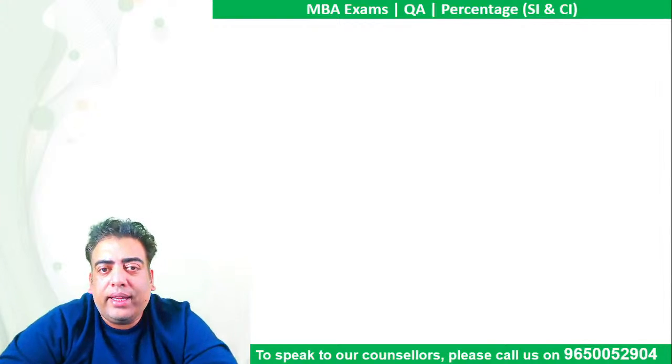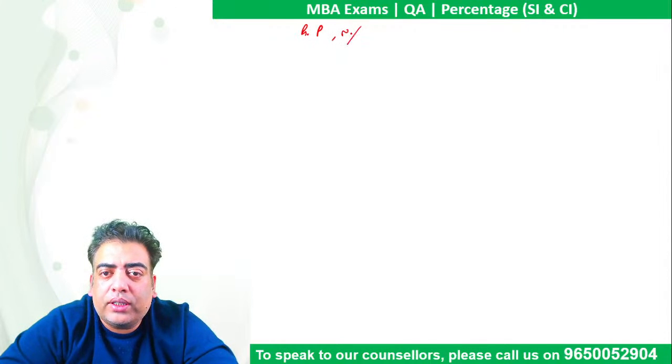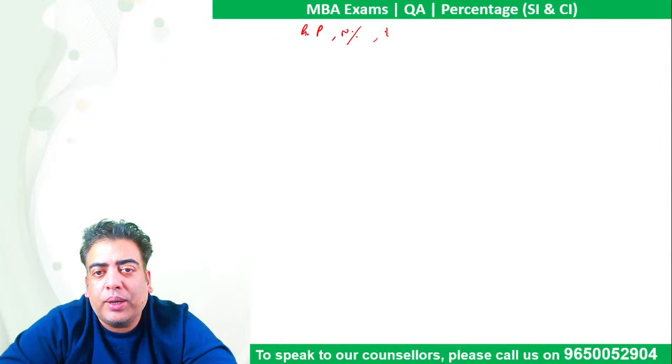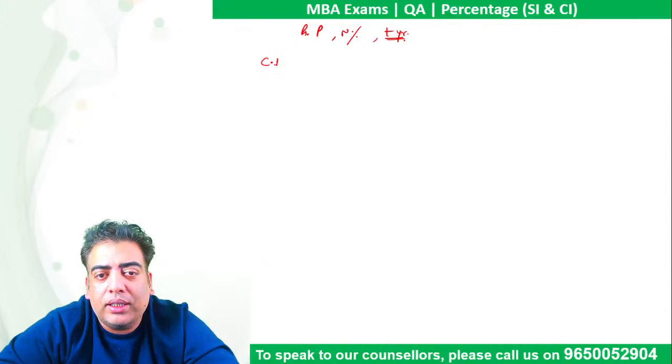So in any case, if I say that a person has invested rupees P at a rate of interest of R% per annum for a period of T years, and then we are required to observe the difference between compound interest and simple interest after certain years.